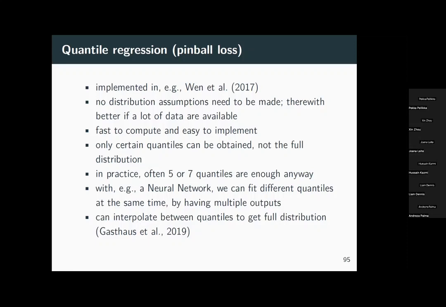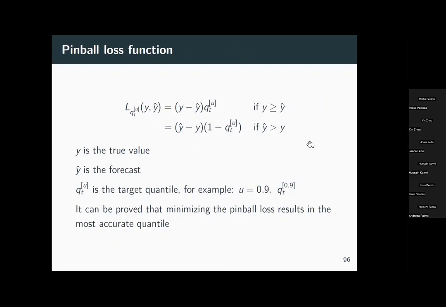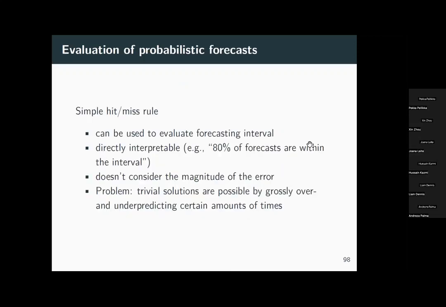In practice, maybe just 5 or 7 quantiles are enough anyway, right? So do you just need a prediction interval, or do you need the full distribution? With neural networks, you can even fit different quantiles at the same time. And you can interpolate between these quantiles to get a full distribution, which was done in a paper in 2019. The pinball loss function, I think I'm going to skip over this.